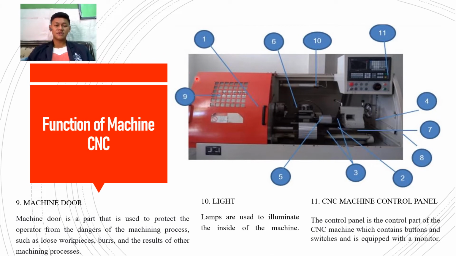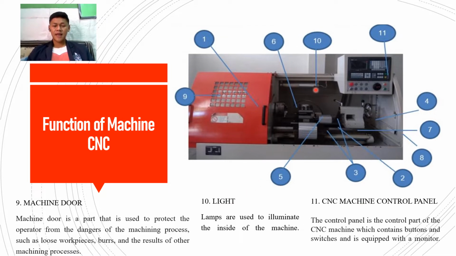Next, the last function of the CNC machine. Nine, machine door. The machine door is a part that is used to protect the operator from the danger of the machining process, such as loose workpieces, burrs, and the results of other machining processes. Ten, light.